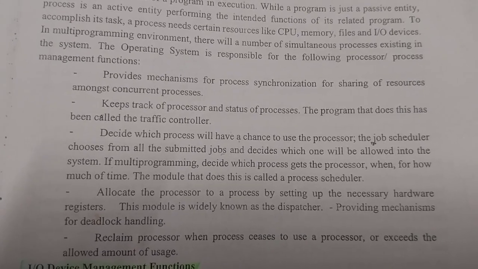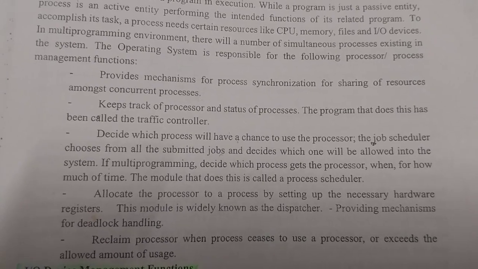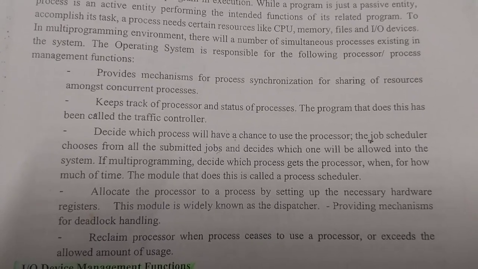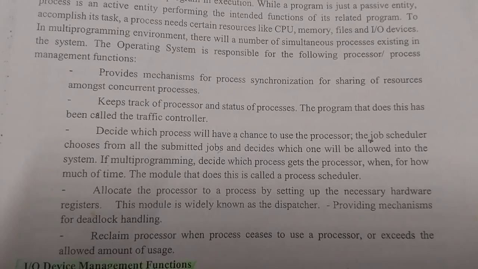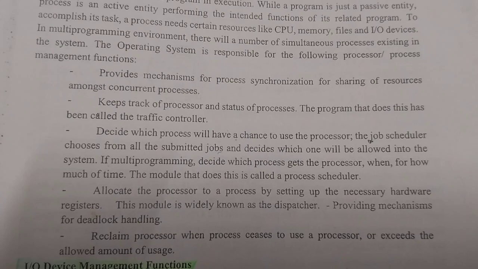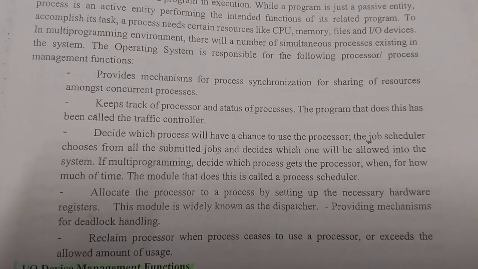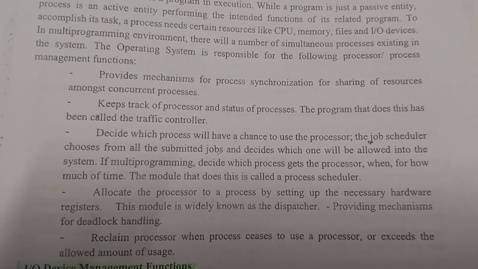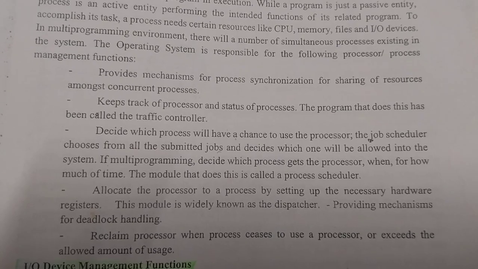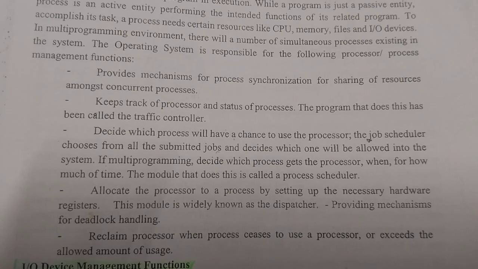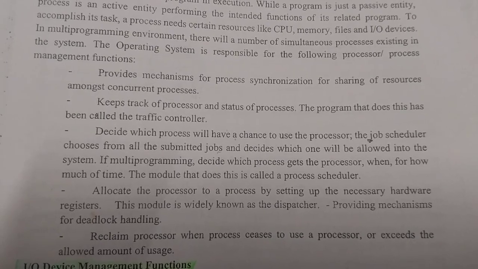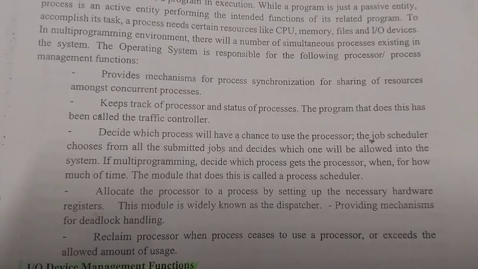The job scheduler chooses from all the submitted jobs and decides which ones are allowed into the system. If multi-programming, decide which process gets a processor when, and for how much time. The module that does this is called the process scheduler.